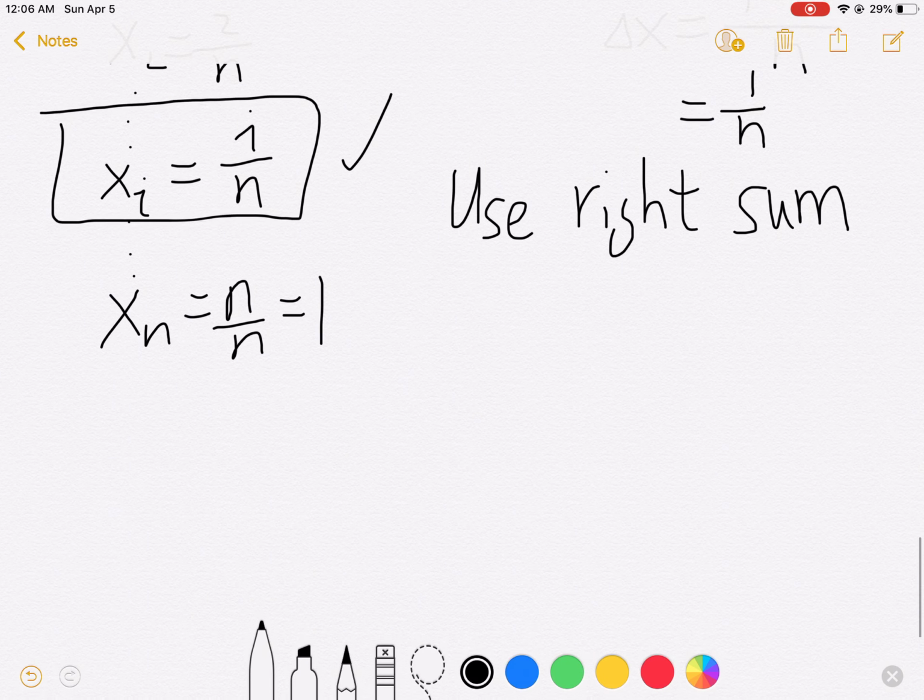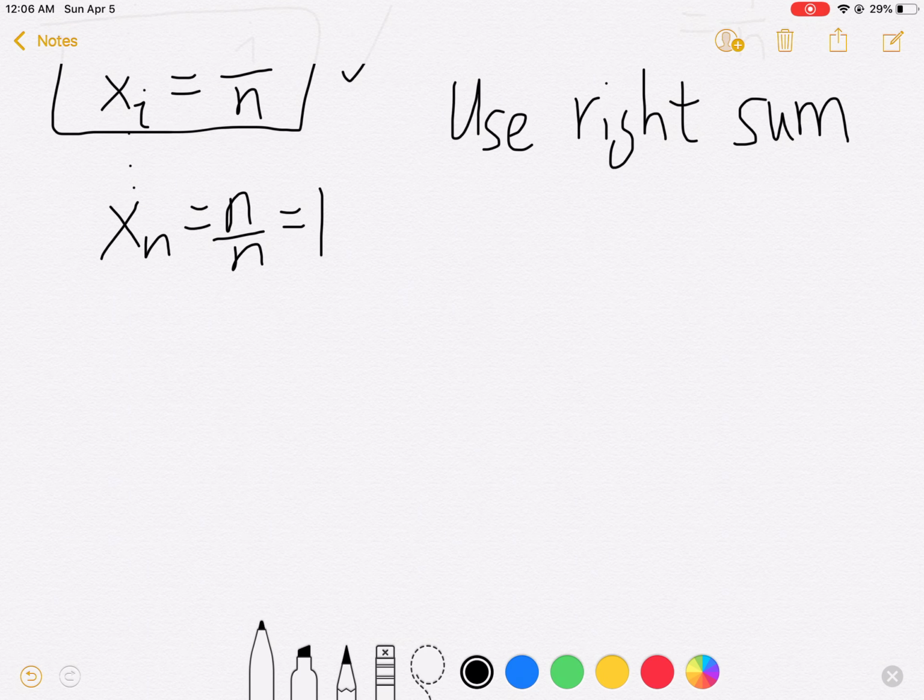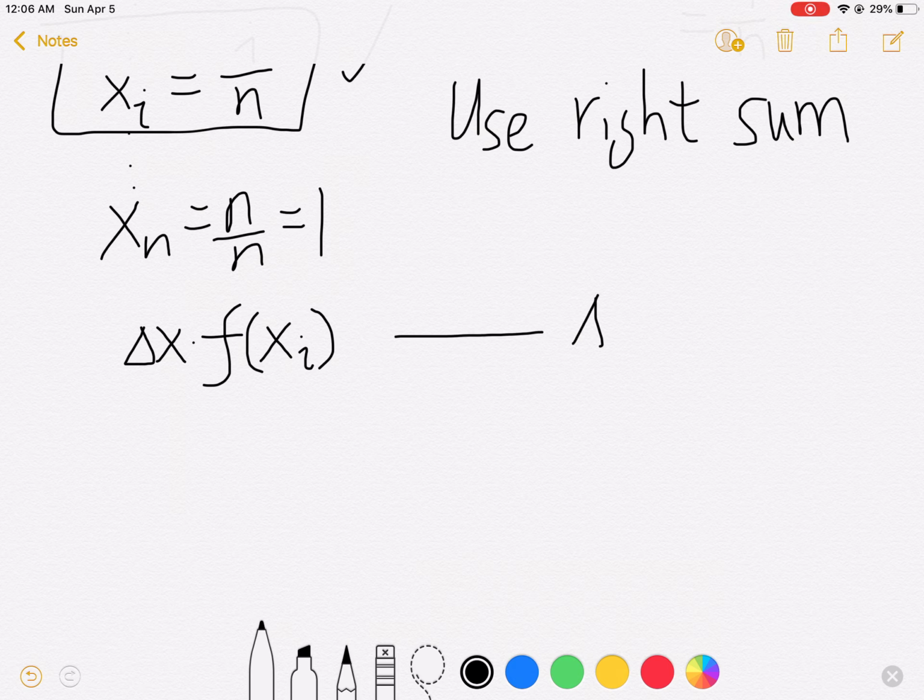So this is the ith interval. The area of the ith rectangle is the base times the height, and we use f of x sub i as our height.